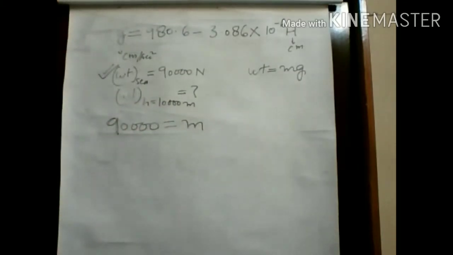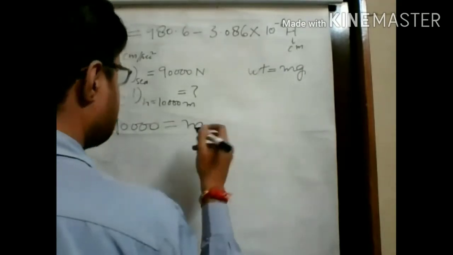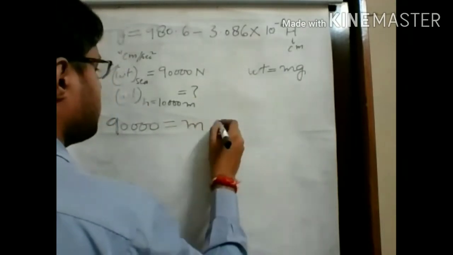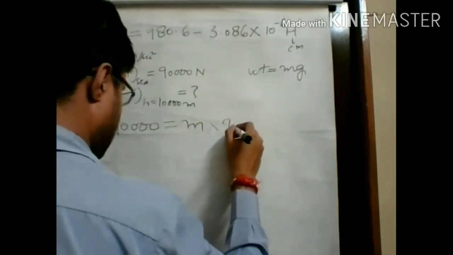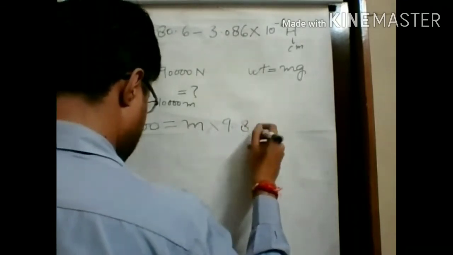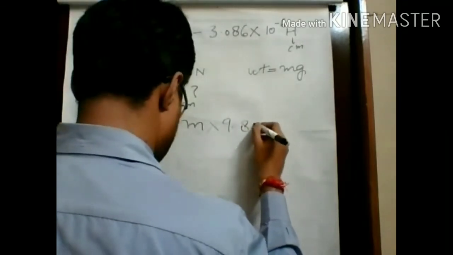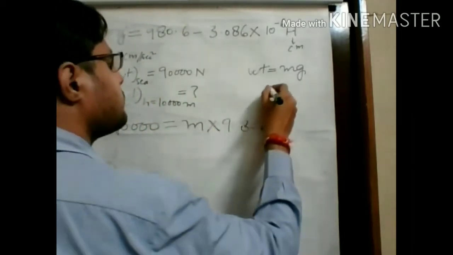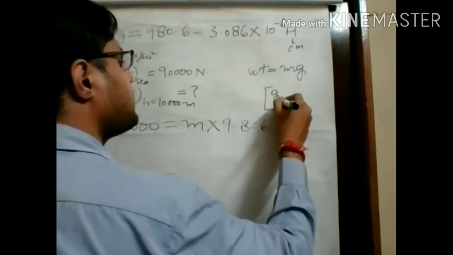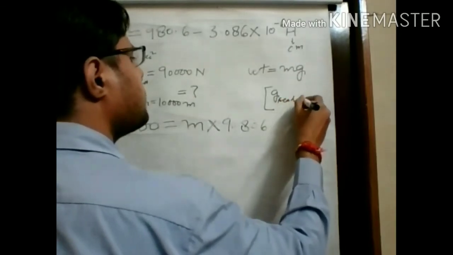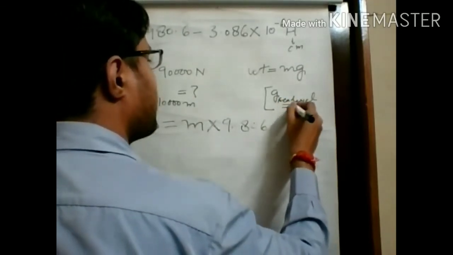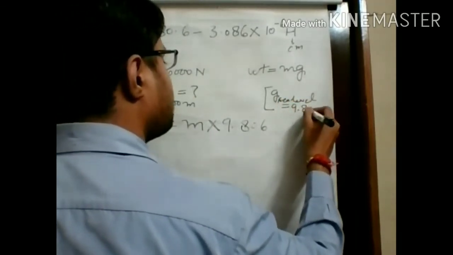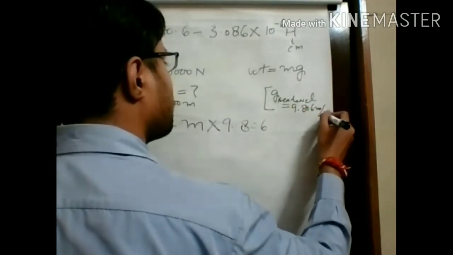Okay, at sea level g is given as 9.806, the default value of acceleration due to gravity, 9.806 meter per second square.